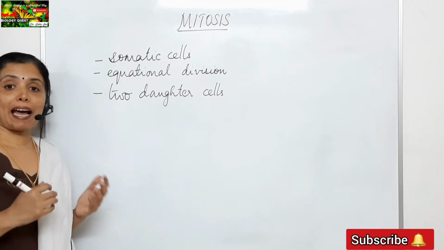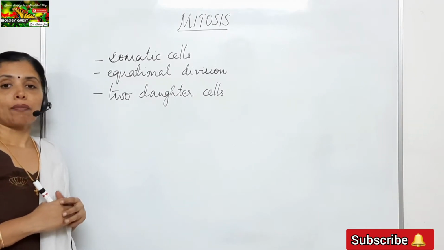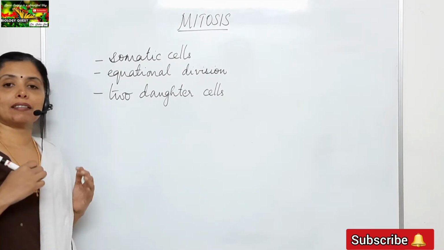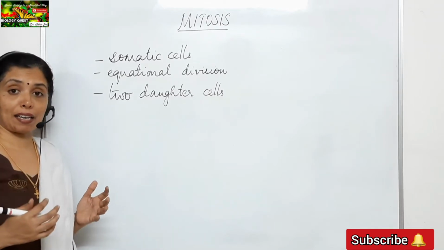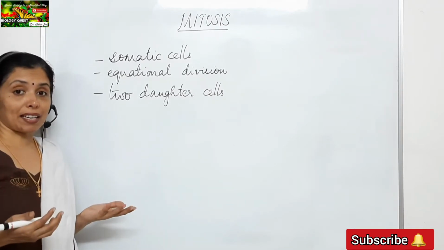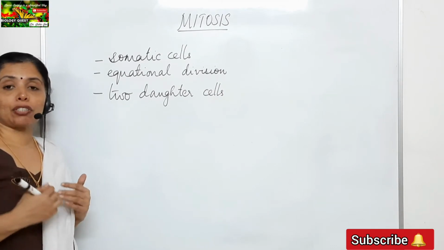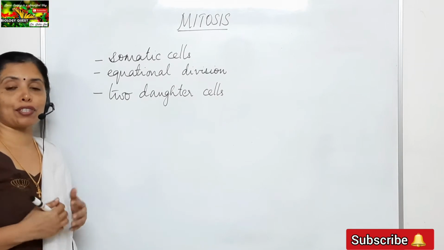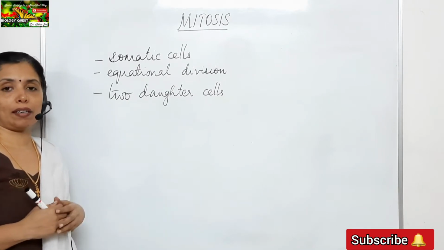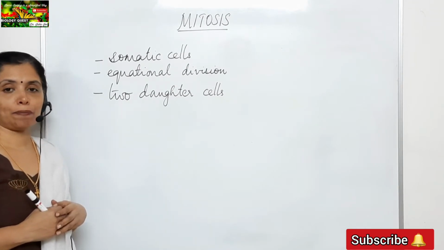Now, what is happening during the interphase? We have also seen that the cell enlarges in size, cytoplasm increases, RNA and proteins increase, then the duplication of the DNA takes place, centrioles duplicate. All these occur in the interphase stage.